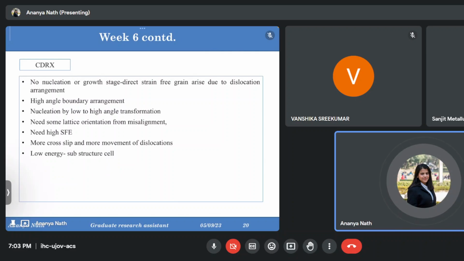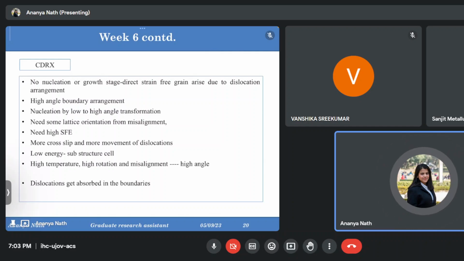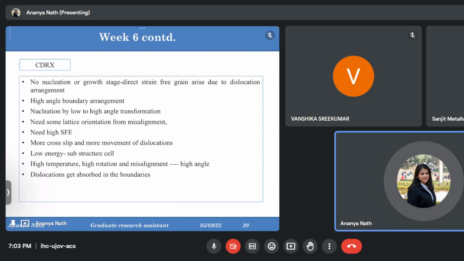The low energy substructure cells were previously trying to get that coalescence effect, bulging and those things, but here the CDRX does not need these things. High temperature, high rotation and high misalignment, so it will give rise to the high angle grain boundaries, or high angle dislocation configuration.